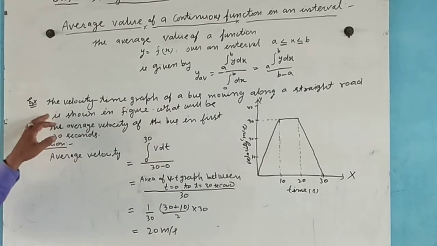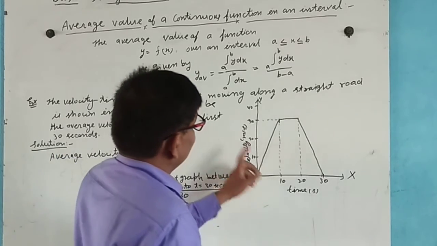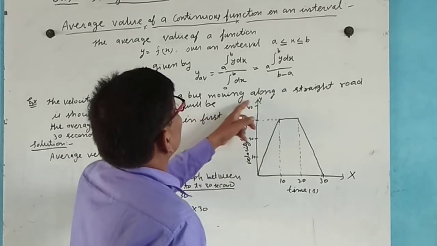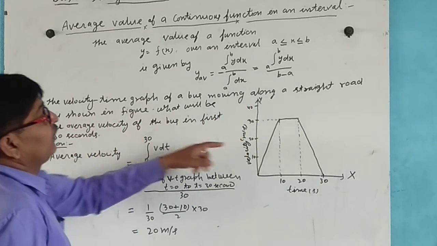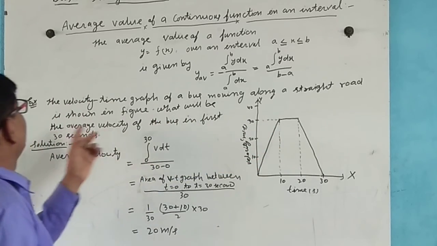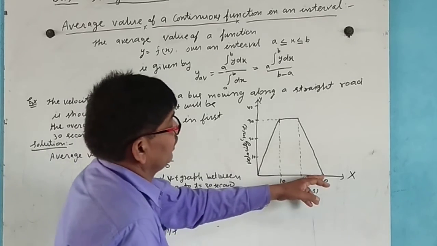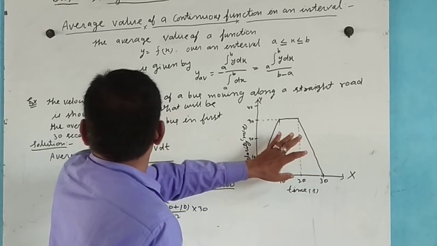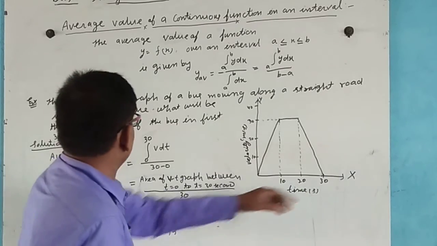One problem here: the velocity-time graph of a bus moving along a straight road is shown in the figure. The graph is given here. What will be the average velocity of the bus in the first 30 seconds? Calculate the total average velocity in the 30 seconds.